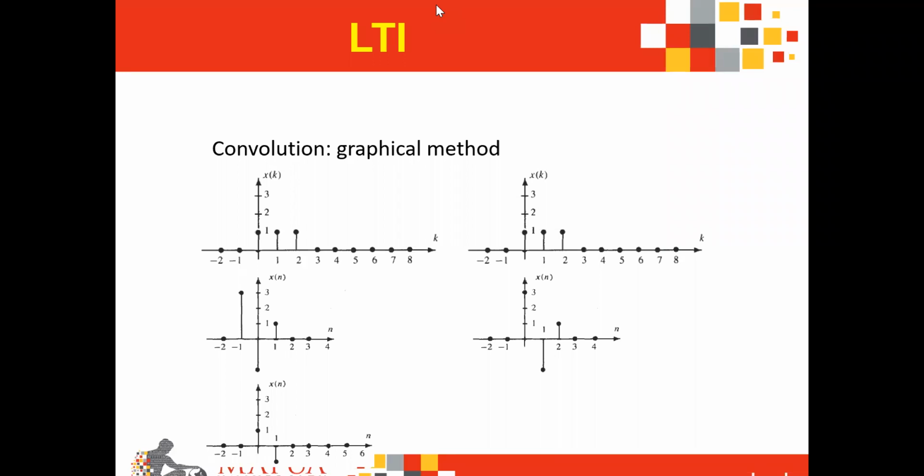Okay, what happened? I multiply 1 with 3 because they overlap in integer value. I multiply 1 with negative 2, and then I'll multiply 1 with 1. Nakuha?